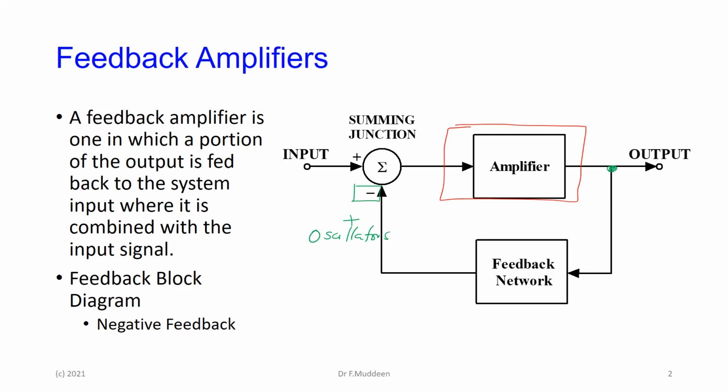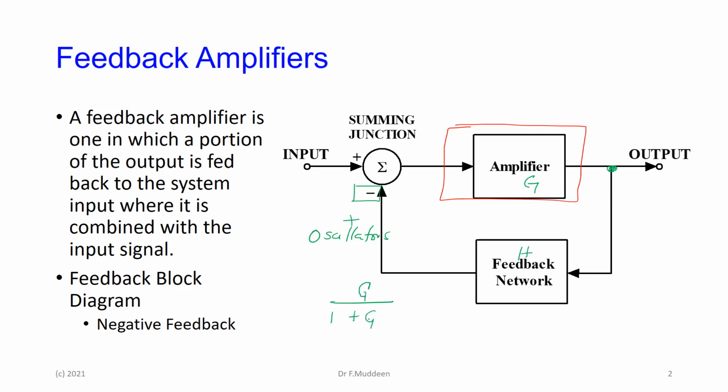But if you want the amplifier to do the other types of work, which is to take some low signal and amplify it nicely for us, then the feedback has to be negative. And we already know that if I give you a block diagram like this, and this is G and this is H, the transfer function is G over 1 plus GH, because it's negative feedback.